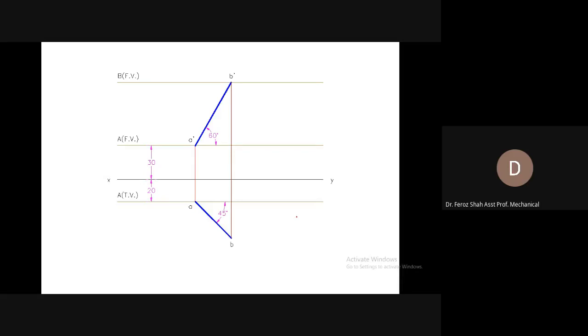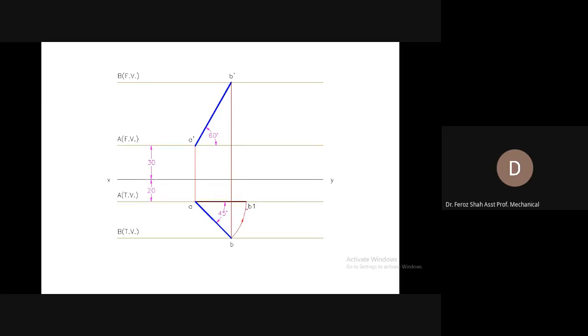Now the next step would be to make them parallel to the XY reference line. Also draw the locus for this. Now, in order to get the true length of a line, you must make it parallel in one of the views.